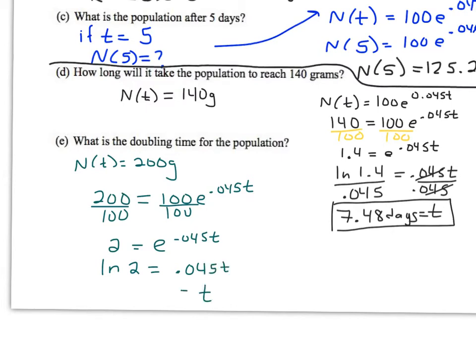So t is going to be the natural log of 2 divided by 0.045. The natural log of 2 divided by 0.045 is going to give me 15.4. And since this is time, this is going to be in days. So to double my initial amount, it's going to take about 15 days.